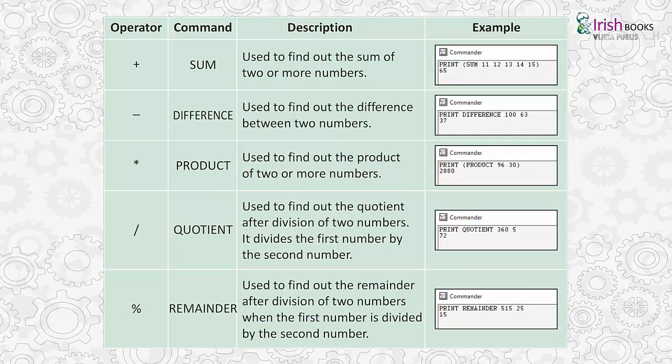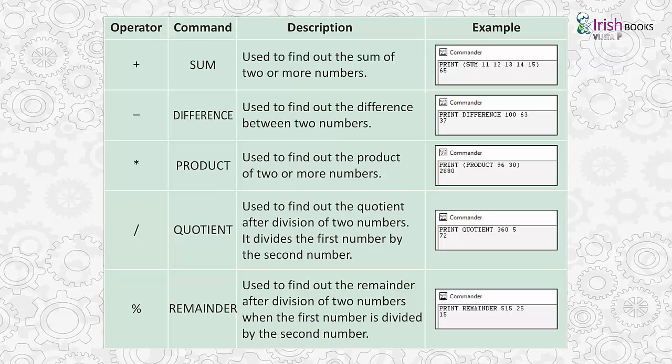Operator, command, description, example. Plus, sum, used to find out the sum of two or more numbers. Minus, difference, used to find out the difference between two numbers. Multiplication, product, used to find out the product of two or more numbers.